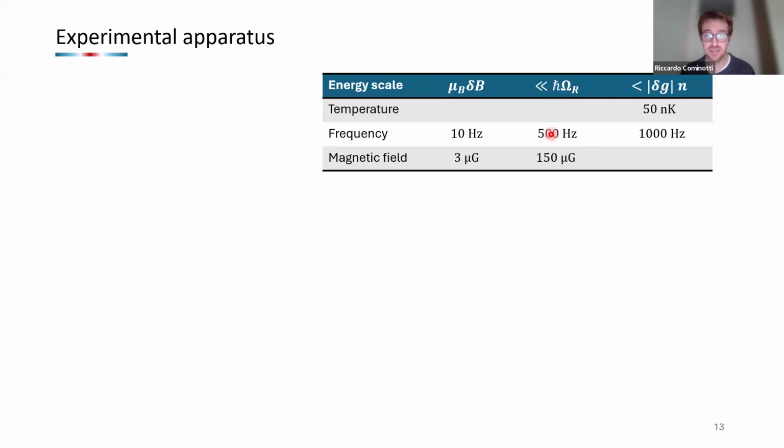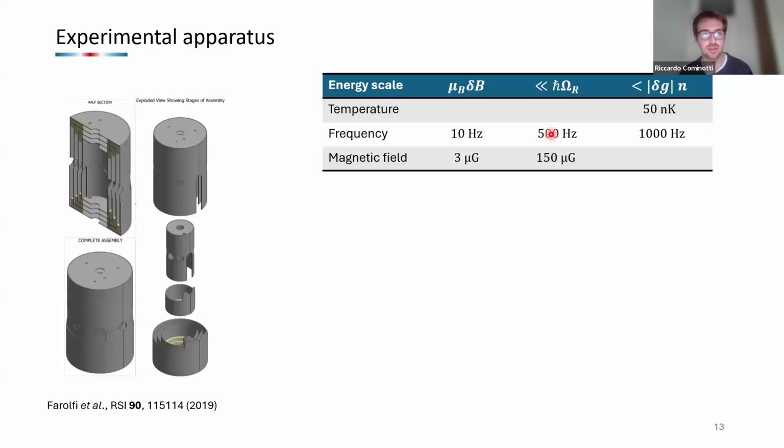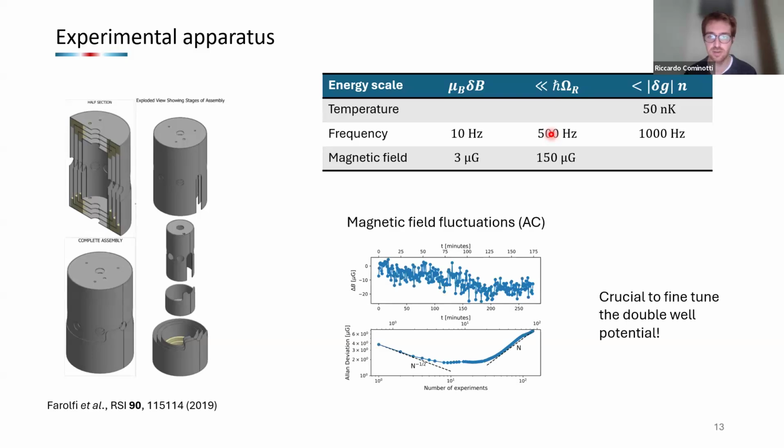To accomplish this task, our vacuum chamber is surrounded by a magnetic shield composed of 4 layers of metal. And we've previously demonstrated that with these layers, we can achieve suppression of the fluctuations by 6 orders of magnitude. In particular, we have measured the noise at the level of 2 to 4 microgauss.